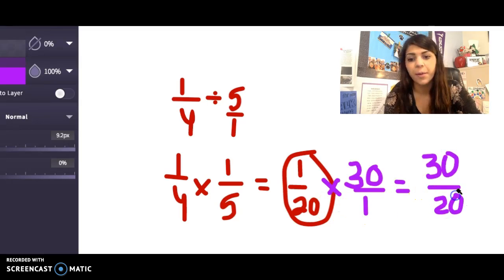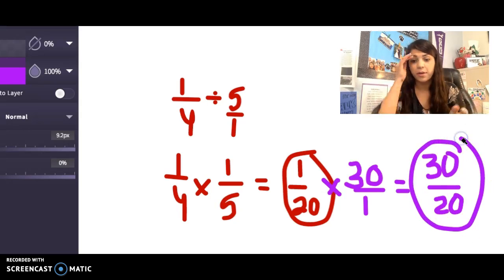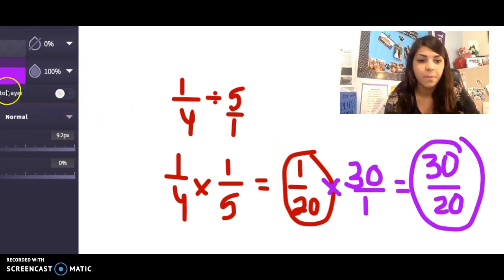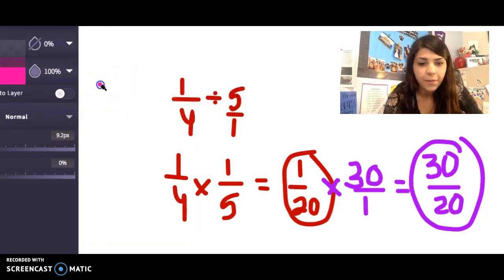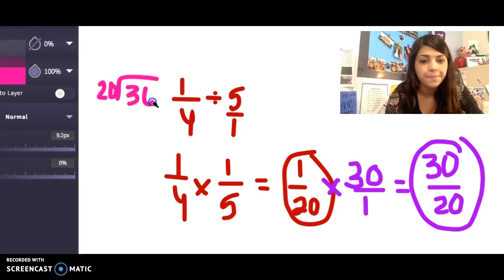And now we have an improper fraction, so I have to turn this into a mixed number. I'm going to set up my division again, putting 20 on the outside and 30 on the inside. 20 goes into 30 once, and then we have a remainder of 10.